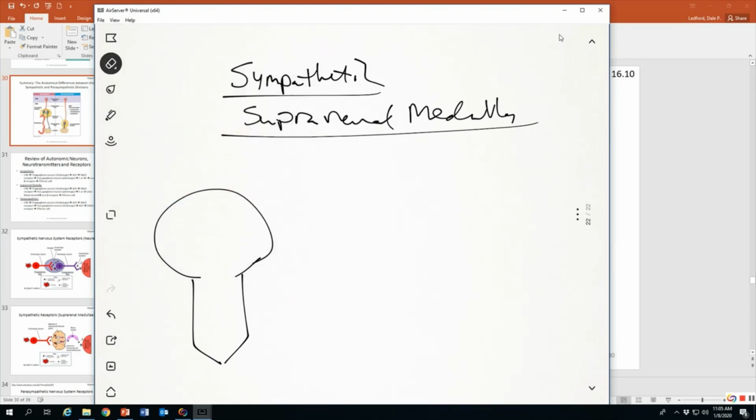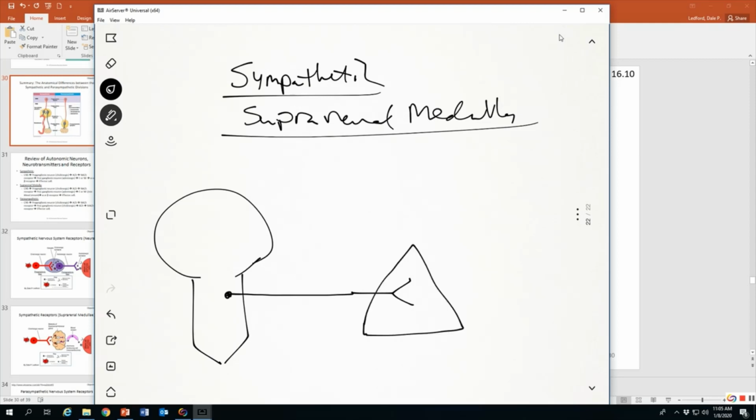If we start back in our CNS, remember, we are dealing with not craniosacral, but thoracolumbar. We start here and go all the way out, fairly long, to the suprarenal medulla.